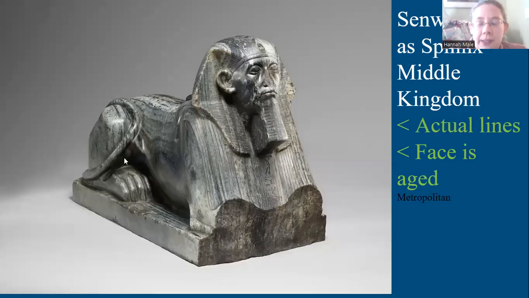And then this is a sphinx statue of the Middle Kingdom ruler Senusret III. You can see that there are age lines on the face, and there's no longer that ever young look. And again, the exact reasons for this change in iconography is something that Egyptologists are still debating.